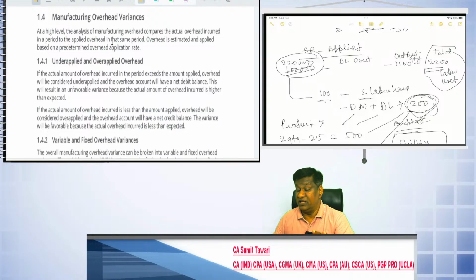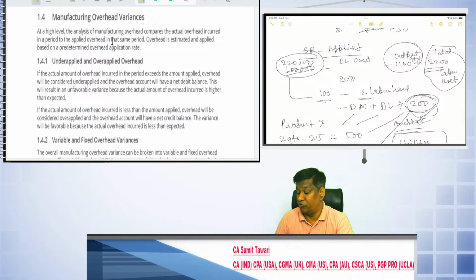The same way, if I decided instead to allocate over the output produced, meaning if I produce 1 unit, then I can apply my production overhead with respect to that unit. My expected cost is 220,000, expected production is 1100. So this could be 200 per quantity.